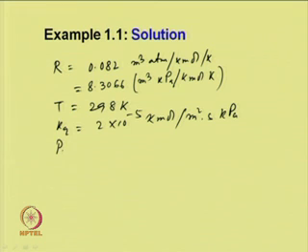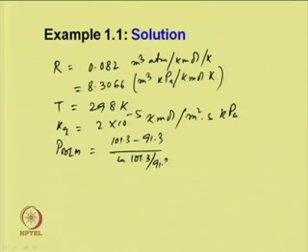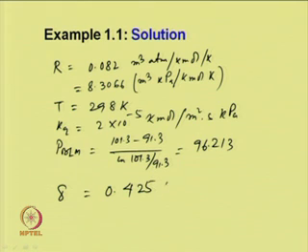PBLM we have already calculated: 101.3 minus 91.3 by ln 101.3 by 91.3, which is equal to 96.213. So after substitution, delta will be 0.425 millimeter. So this is the typical film thickness.